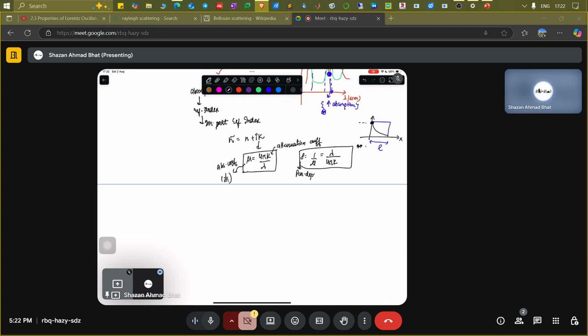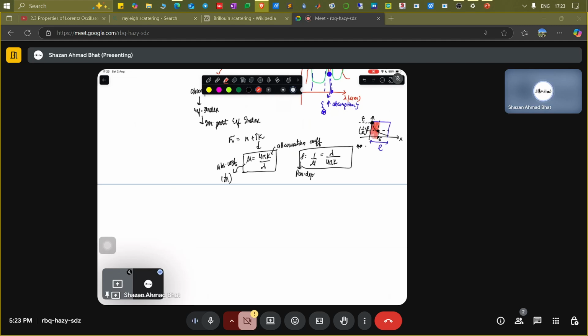For example, this is the maximum value of the electric field here, E0, and the penetration depth is the value at which the amplitude falls to 1 over e times the amplitude at the initial point. So this will be δ, the penetration depth. Otherwise, it's basically exponentially decaying.